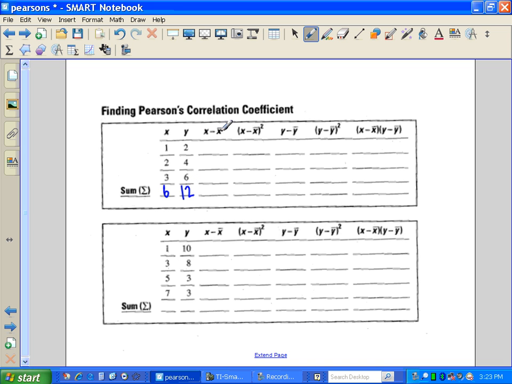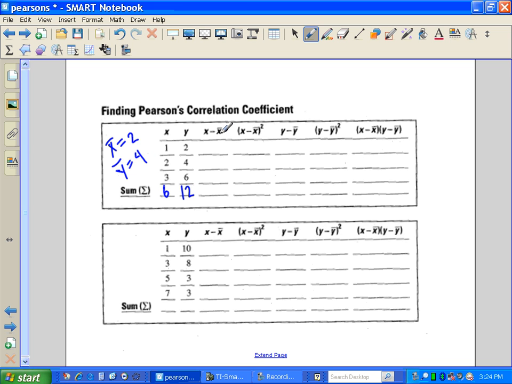Then we need the mean of the x data. 6 was the sum, divided by 3 values, so the x mean, 6 divided by 3, is 2. Might as well find the y mean at the same time. That's 12 divided by 3, so the y mean is 4.